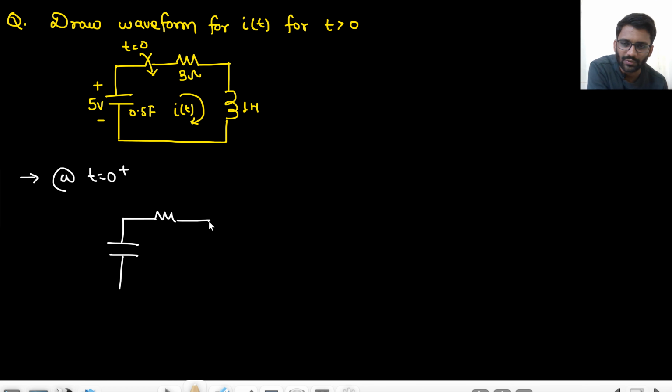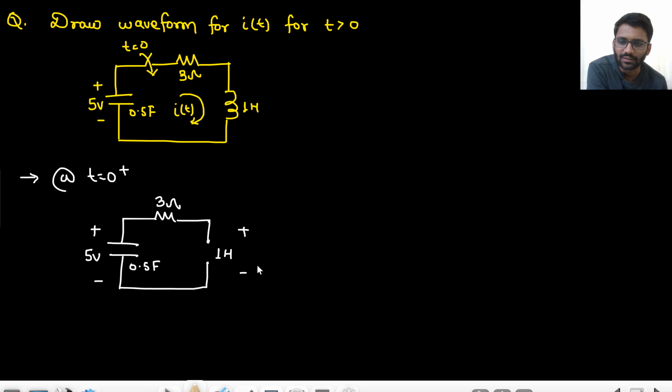This is 3 ohm, this will have 0 current, right? This is 1 Henry, don't forget. This is 5 volt and this is 0.5 farad.